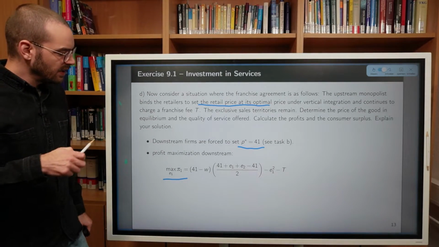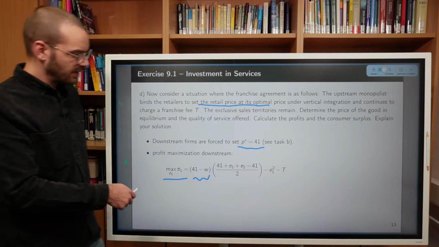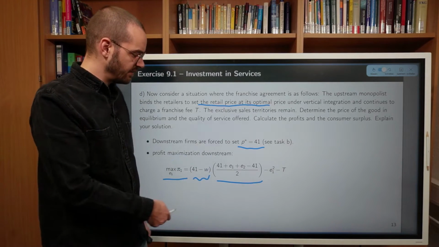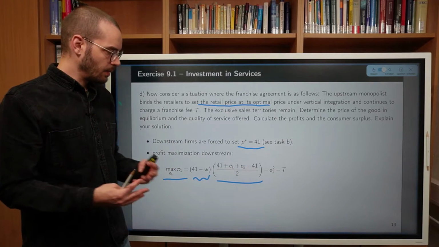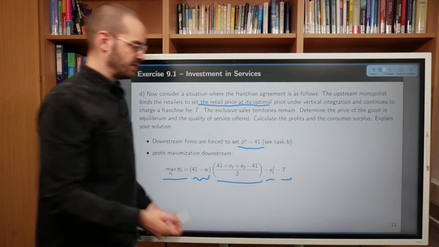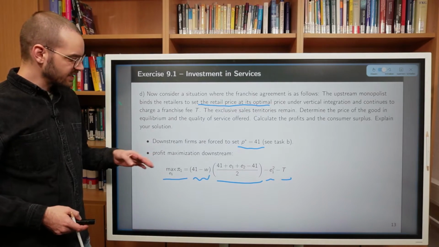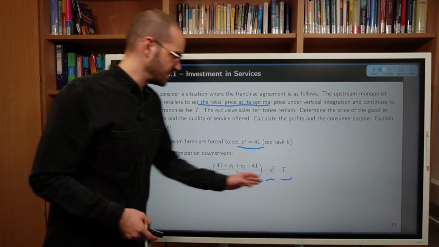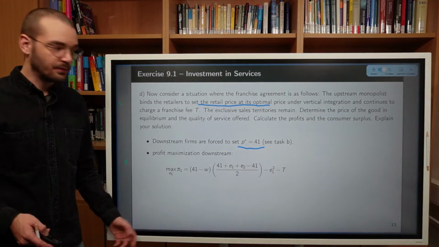All right. With that, we then have again a margin that is earned by the retailer. We have a quantity that results on the market for a given fixed price and for a given amount of services provided. There's costs from providing services, and then there's a franchise fee T. And this profit now shall be maximized by choosing E1, so the amount of services, in the case of firm 1, and of course by choosing E2 in the case of firm 2.